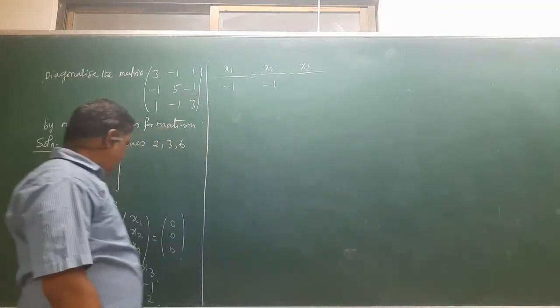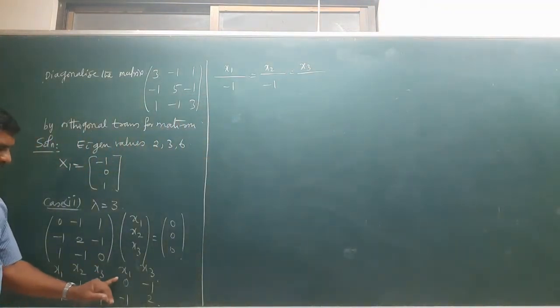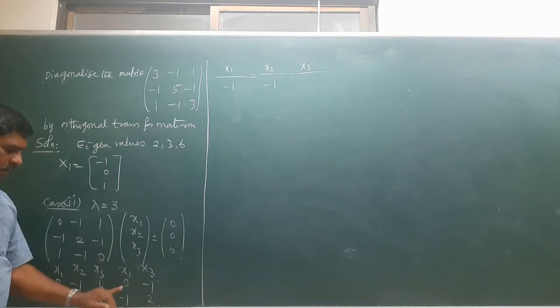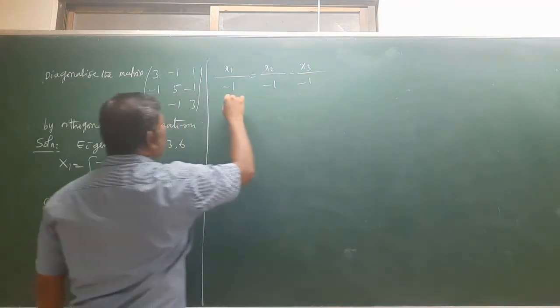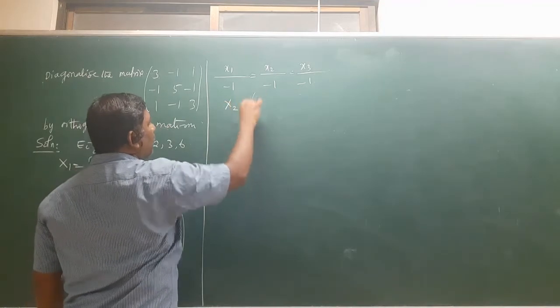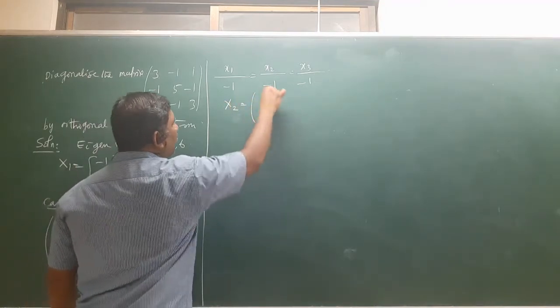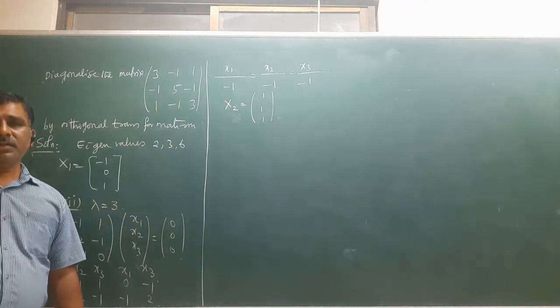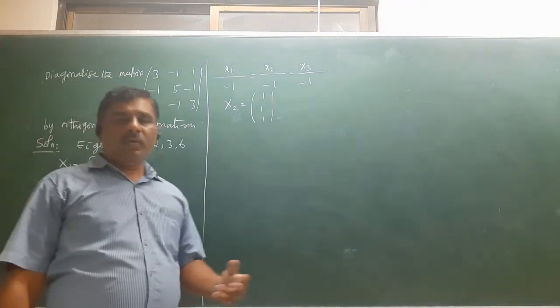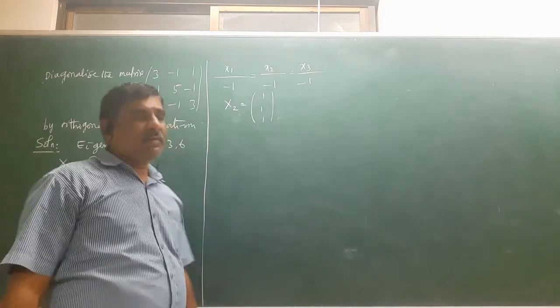For x3, leave the x3 column and find the determinant of this 2, minus 1. So what is the eigenvector here? The second eigenvector is 1, 1, 1. We go for the third eigenvector.